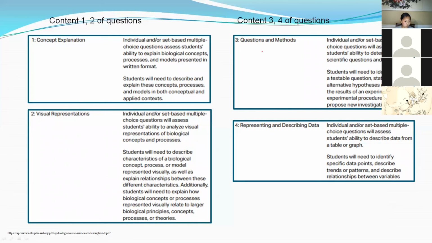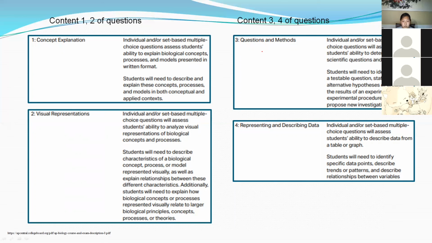So you have to be able to explain the relationships with only these visual representations and relate it to a larger concept. Then there's questions and methods, which is basically anything to do with an experiment, like asking for hypotheses, predicting the results, identifying specific things, or finding the variables.